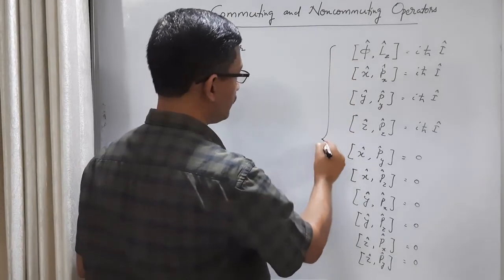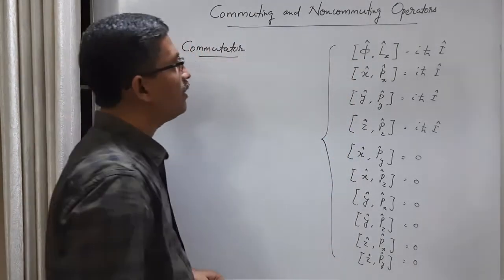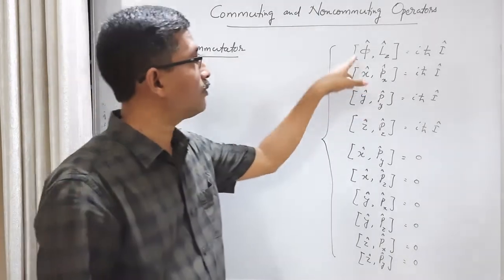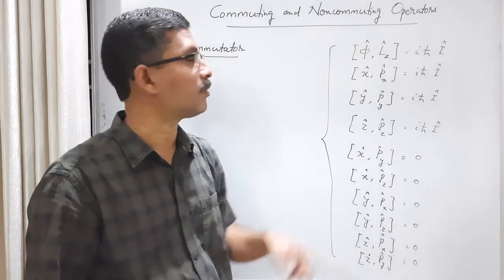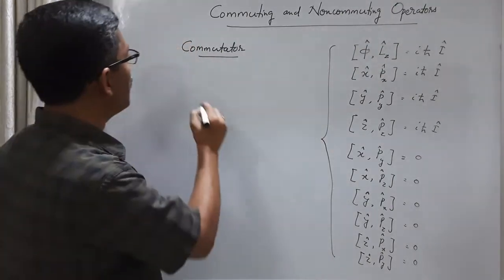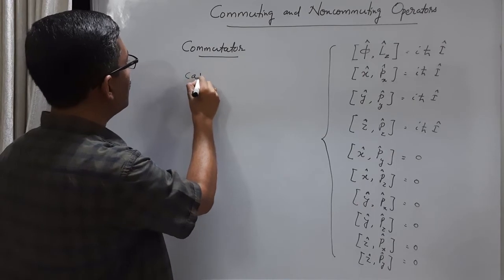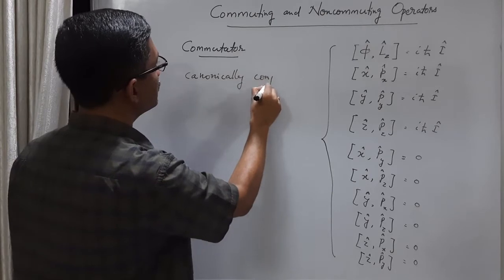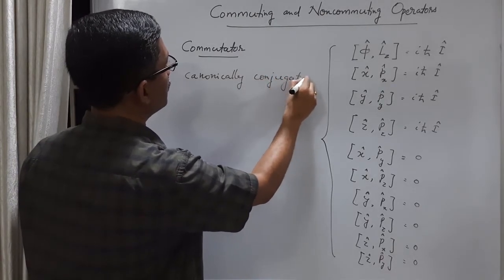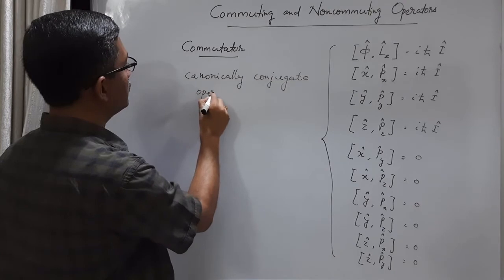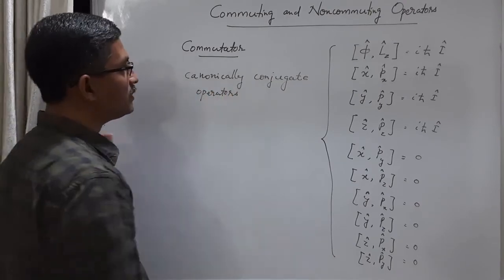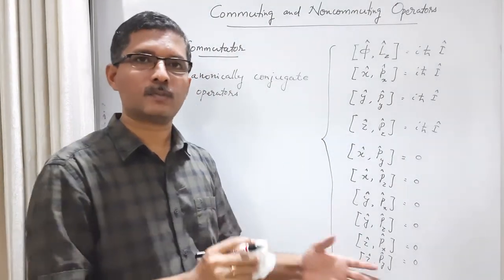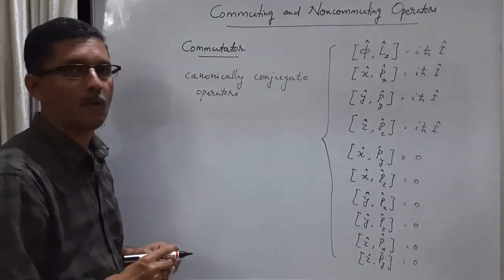In general, position and linear momentum, or azimuthal angle and angular momentum, are called canonically conjugate variables, canonically conjugate physical quantities, and their corresponding operators are called canonically conjugate operators.